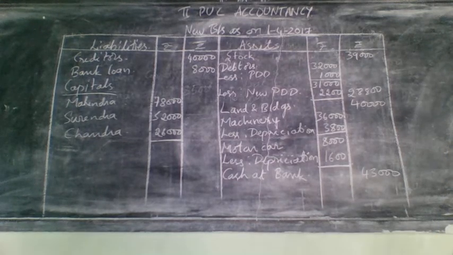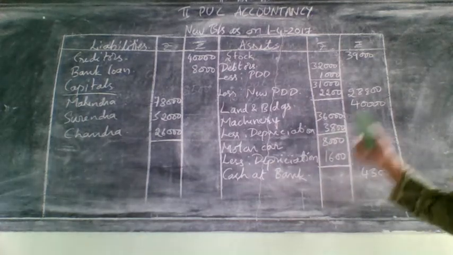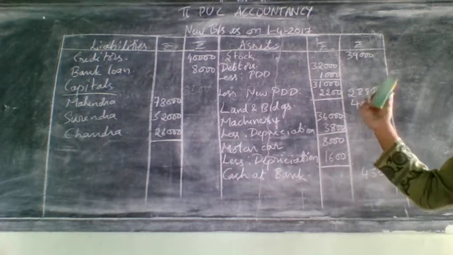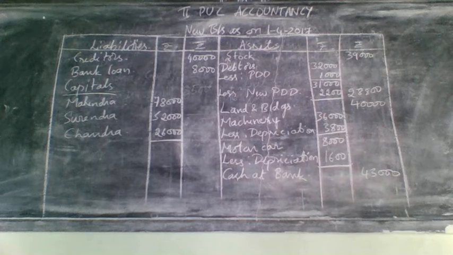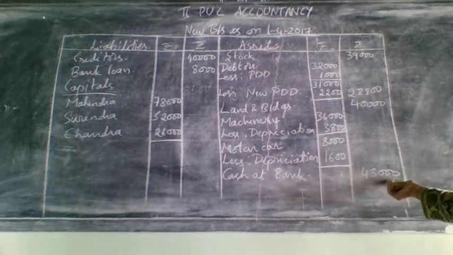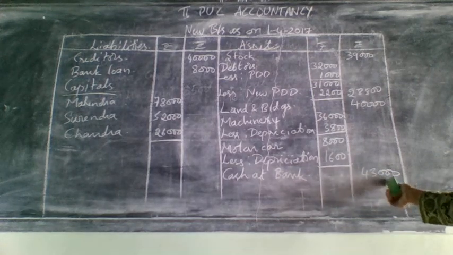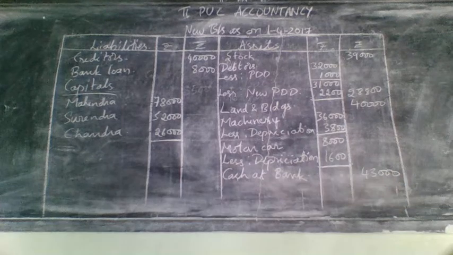You should not take that 14,000. Why? Because cash at bank has several adjustments that we did in the bank account. After doing those adjustments, lastly we got one balance. That balance you need to write here on the asset side of the balance sheet. That was 43,000 and we have taken it here.